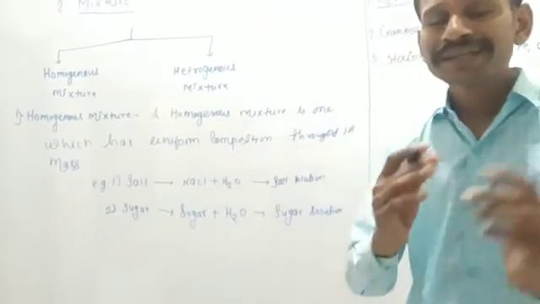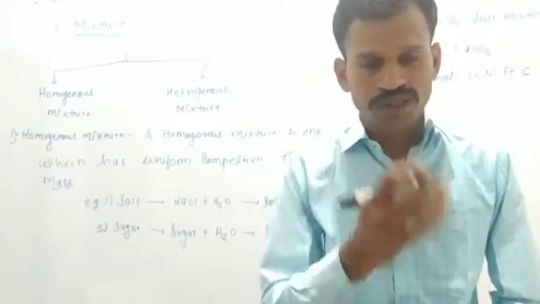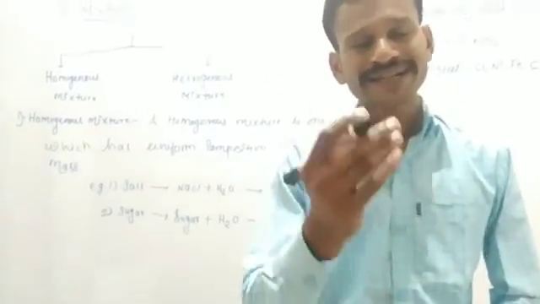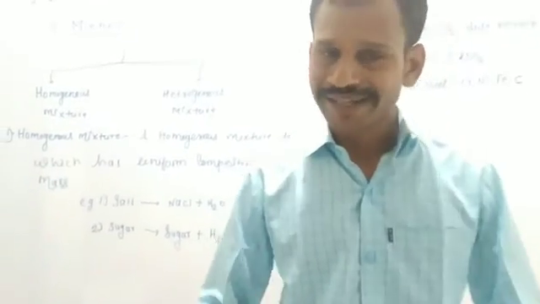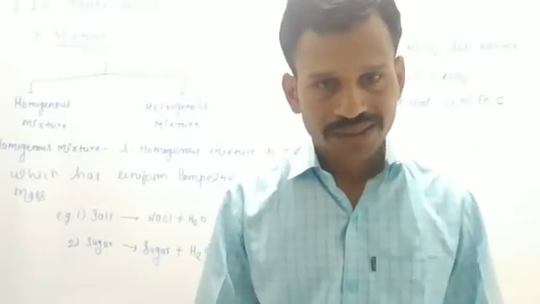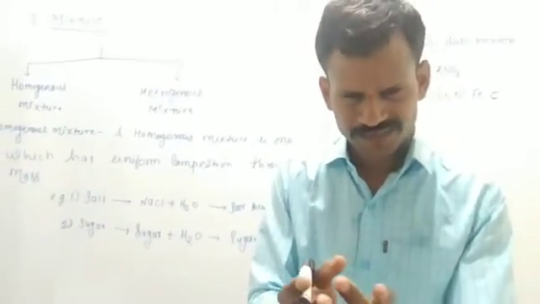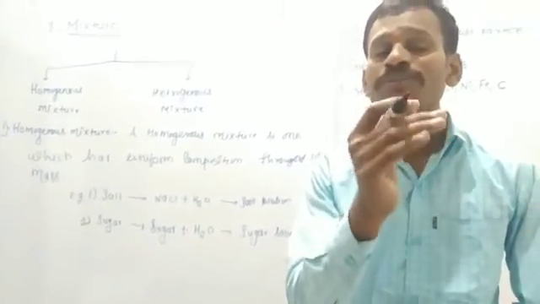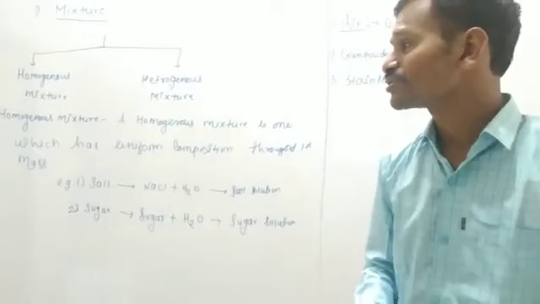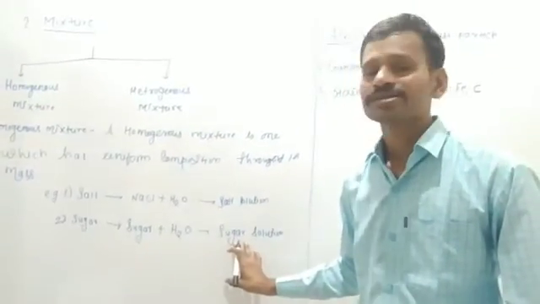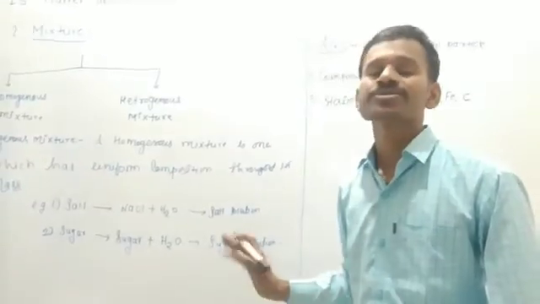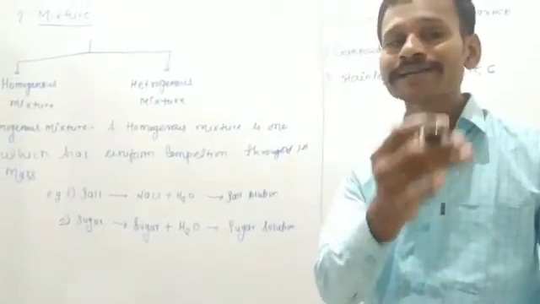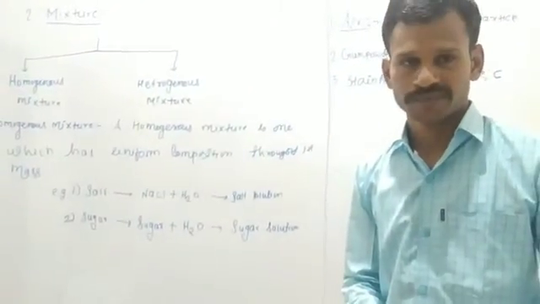Now if you taste this sugar solution, we know that when sugar is added to water, the taste becomes sweet. And not just any one part, throughout the solution it is sweet. That's why this is also an example of the homogeneous mixture.